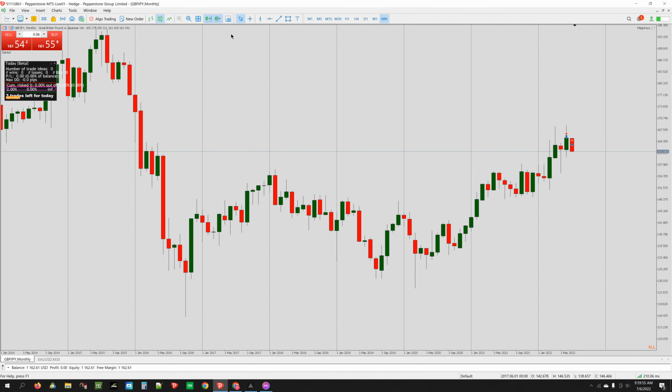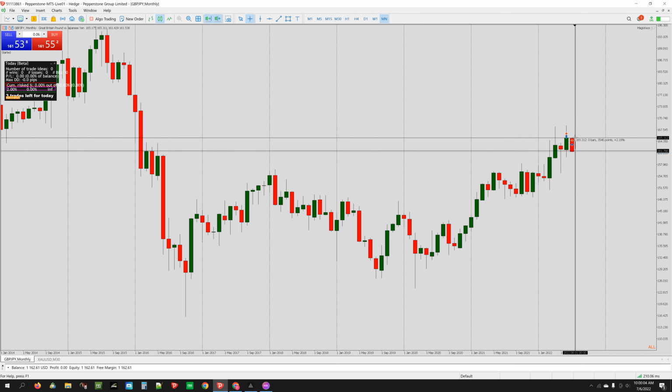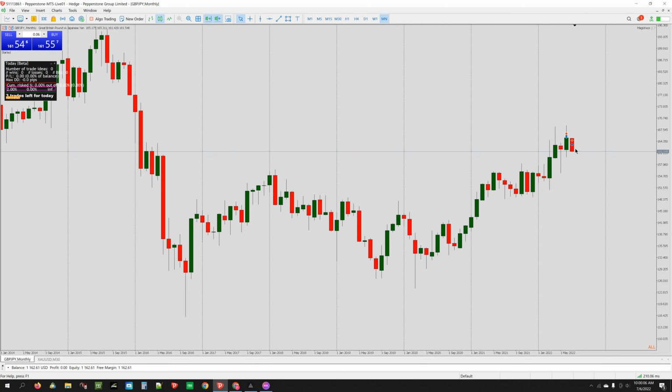Let's do our analysis. The monthly candle opened like 6 days ago. It has moved bearish until then, and there was a zone at the 163.300 area.